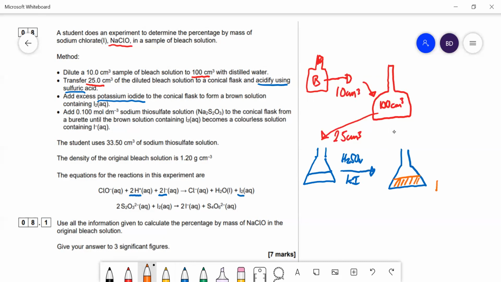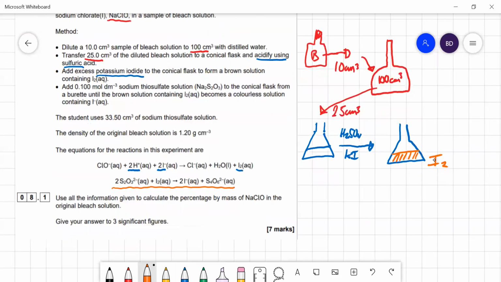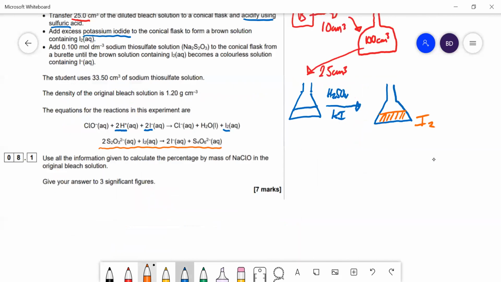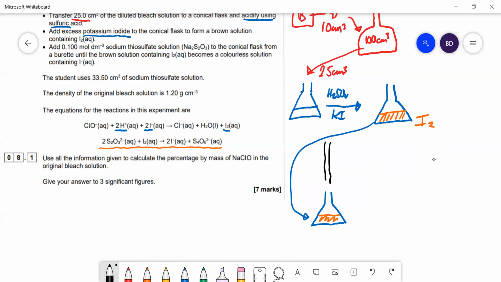Then we're going to titrate that against thiosulfate solution, and this is the equation for that. So let's just draw that. I've got my flask here with the iodine in it, and here we're going to put the burette with our thiosulfate in there.